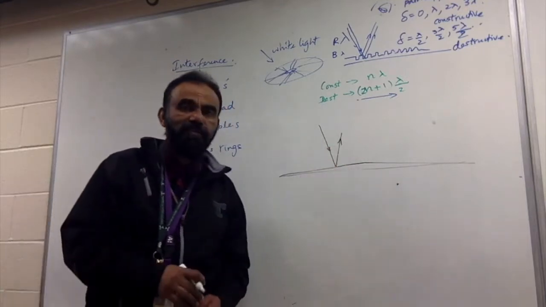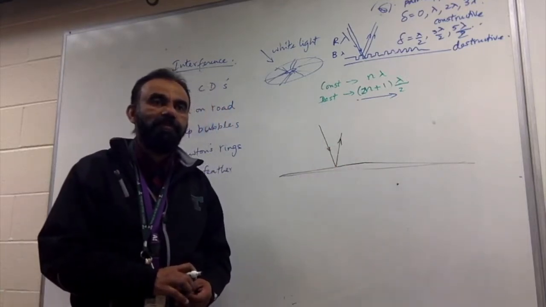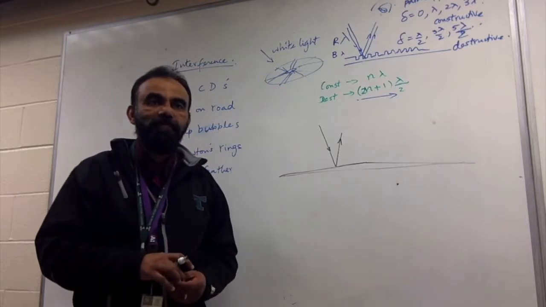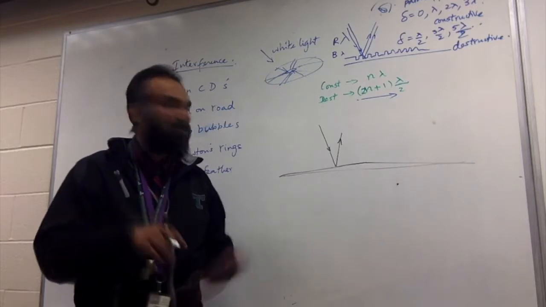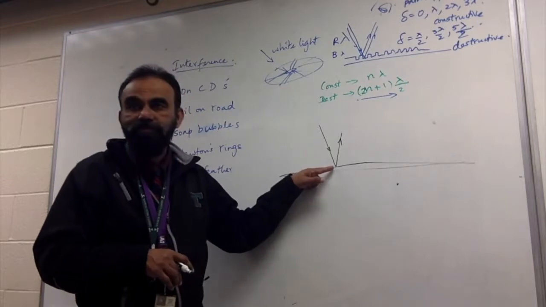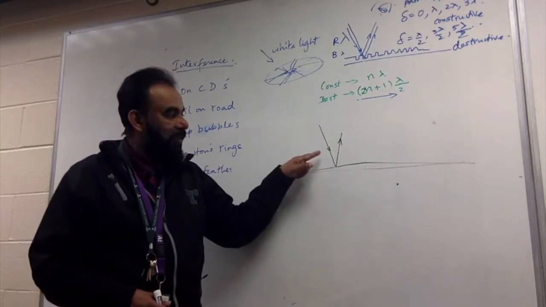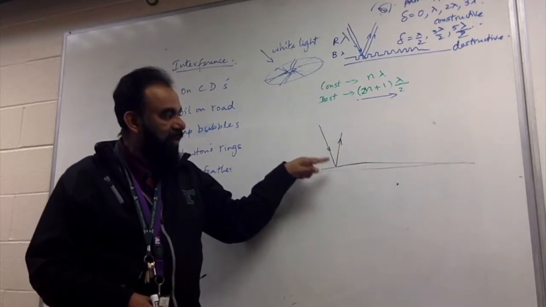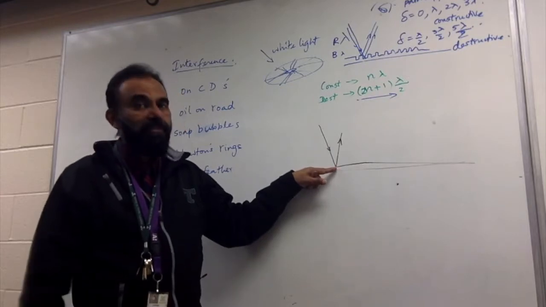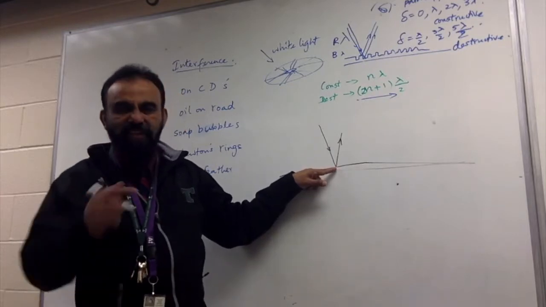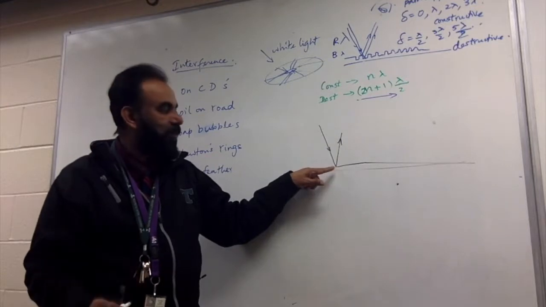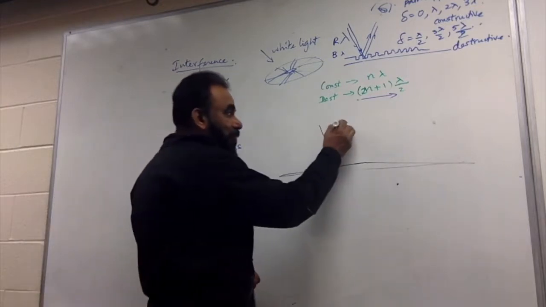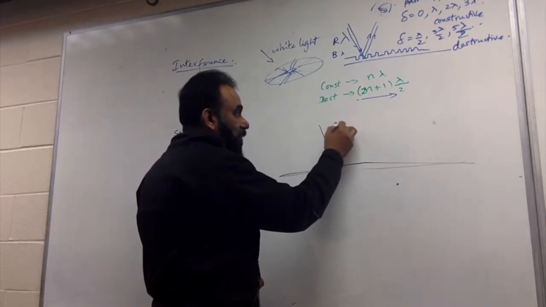Where is it getting reflected off? On a dense medium or rare medium? On a dense, because it's going from air to the oil. Therefore, it is hitting the denser medium. Because it's hitting the denser medium, there is already a lambda over 2 created, or a pi created.